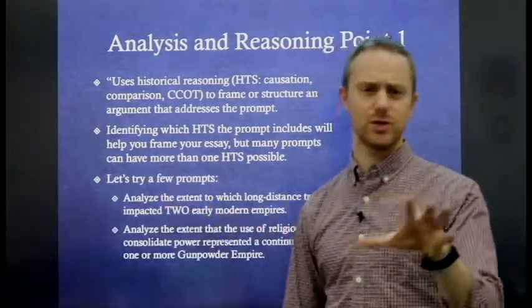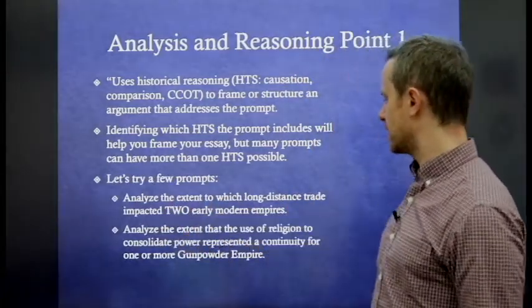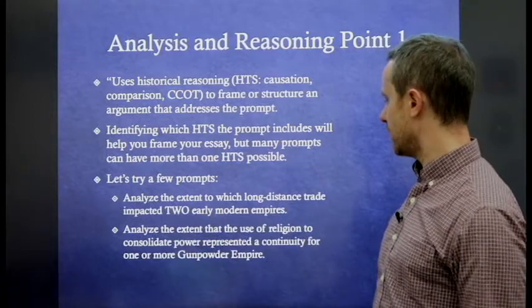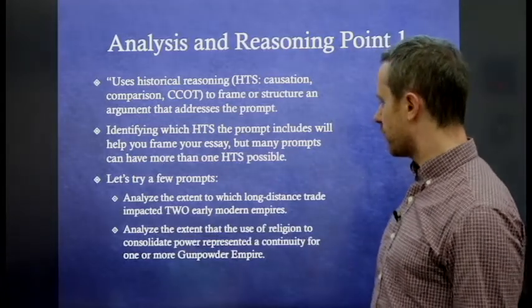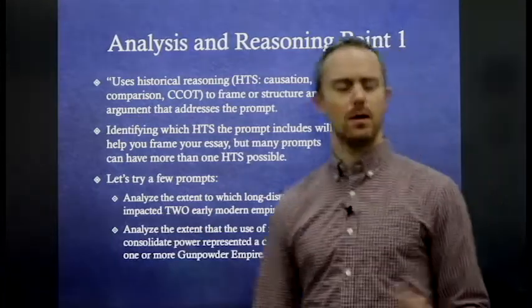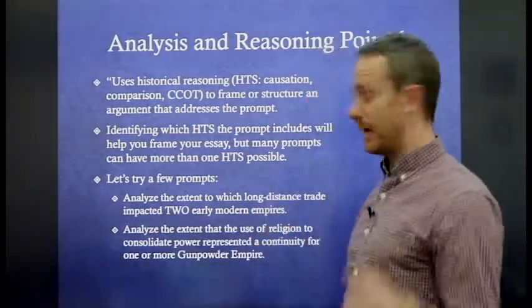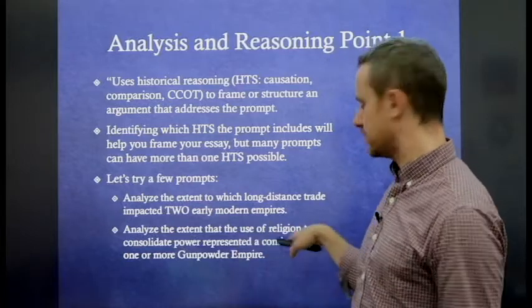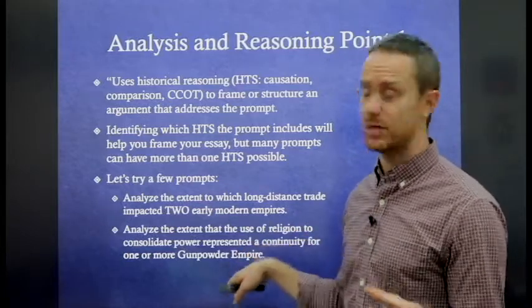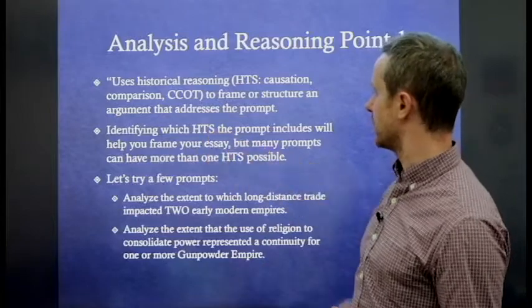A few prompts. We're just going to try this bottom one here. Analyze the extent to which the use of religion to consolidate power represented a continuity for one or more gunpowder empires. Okay, we're not going to write this essay together, but if I'm doing that, I'm going to look at continuity, right? Because the word's right in the prompt. That's a CCOT. So that's my historical thinking skill that I want to include.